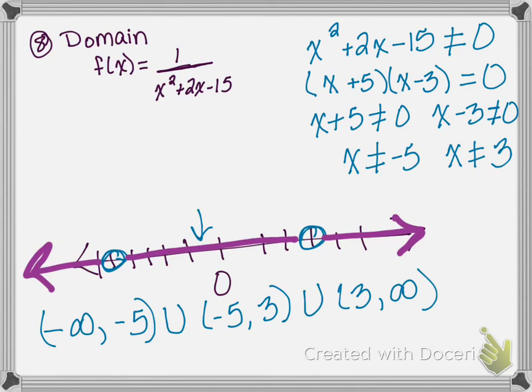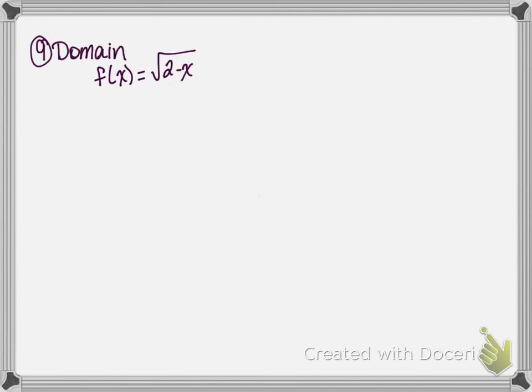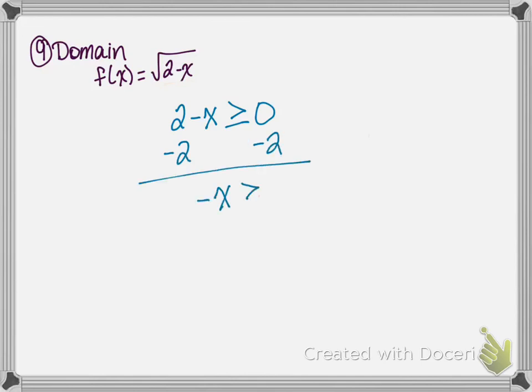Number 9 is similar to what we did in class today. It's 2 minus x is greater than or equal to 0. We subtract 2 from both sides. Negative x is greater than or equal to negative 2. When we divide by negative 1, what do we have to do? Flip the sign. So it's x is less than or equal to 2.